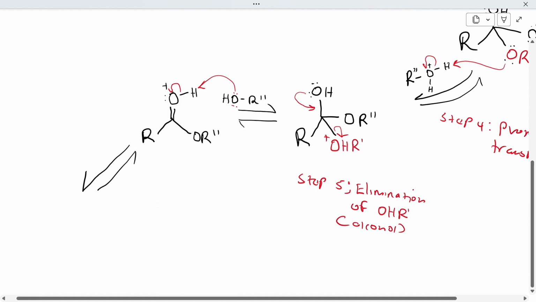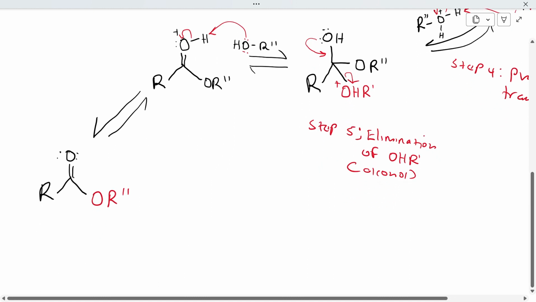The product I'm going to form is R O R, then a double bond O with only two lone pair of electrons.